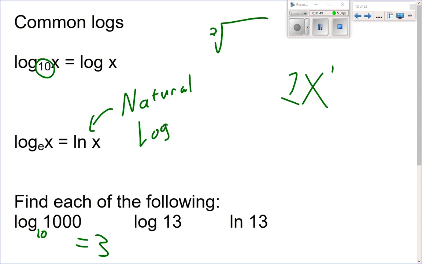So for those of you who were here last Thursday and you're like, what is with this e number? Outside of the fact that it's in one interest formula, who cares? Well, it turns out that in the sciences especially, in finance also, there are a lot of practical applications of the natural logarithm function. And the natural logarithm function is log base e.